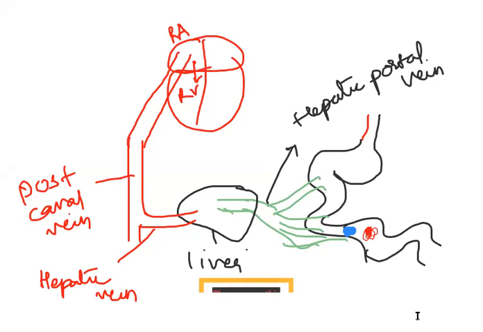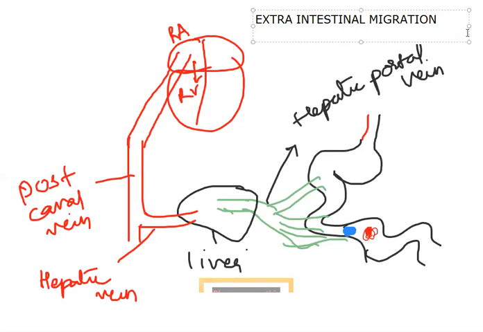So the second stage rhabditiform larva is going to show extra-intestinal migration. After entering the human being by contaminated food and water, it shows extra-intestinal migration. What is extra? Outside. Outside the intestine, they make a journey.